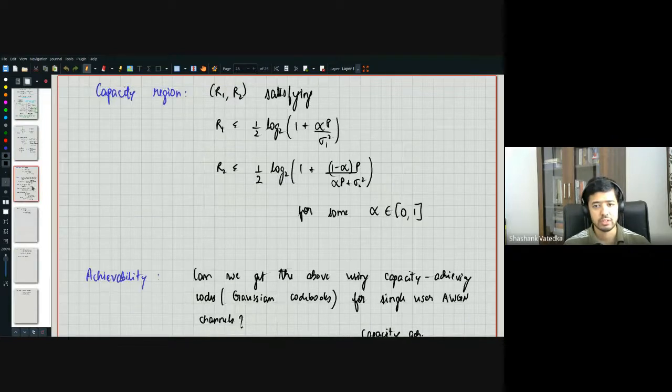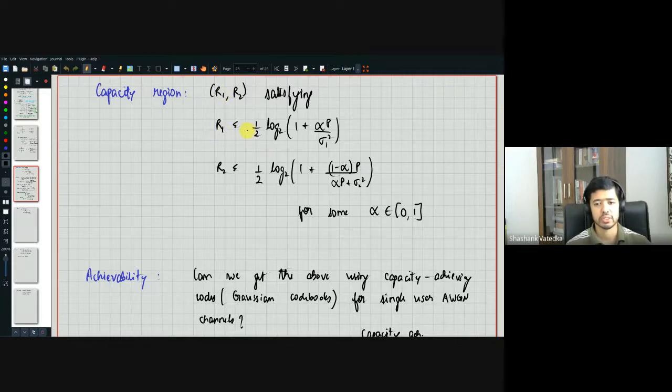And in the last class, I said that the capacity region of a two-user Gaussian broadcast channel with input power constraint of P and noise variances of sigma 1 square and sigma 2 square over the first channel and the second channel respectively is given by the set of all R1, R2 which satisfy the following constraints.